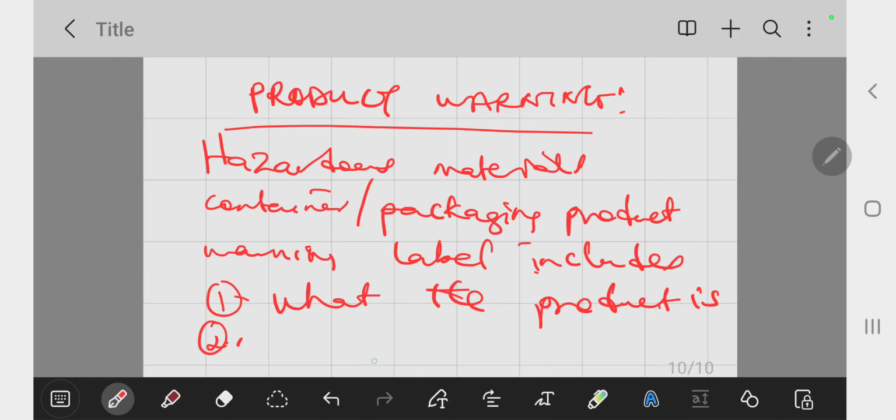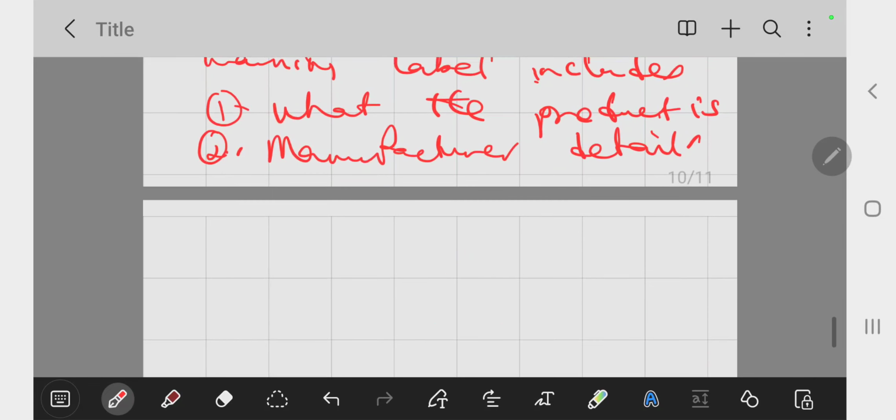Then number two, it will tell you the manufacturer details. Then number three, to tell you the hazard type.